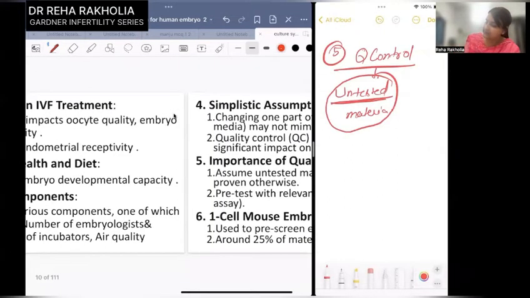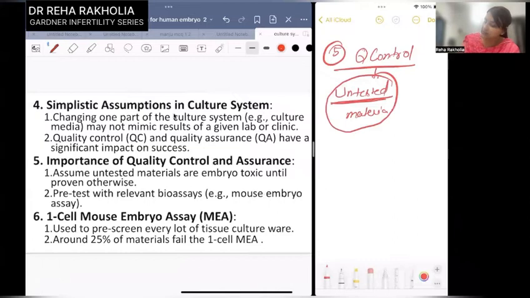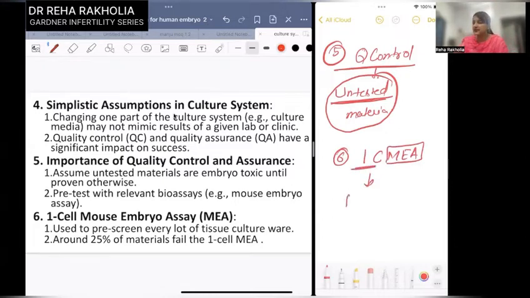We have already discussed this: the simplistic assumption that only culture media is responsible, which is not true. And now we'll talk about the one-cell mouse embryo assay. This is a pre-test.